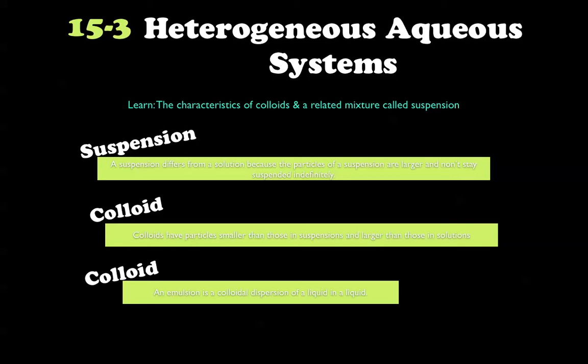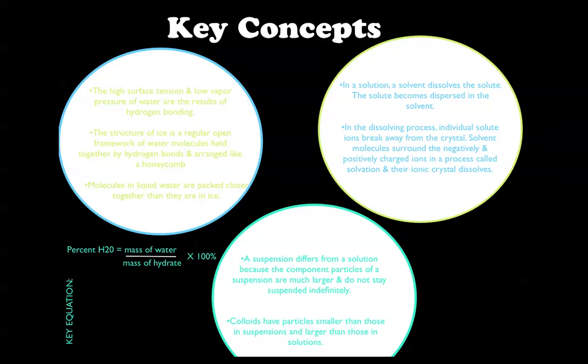And then a colloid has particles smaller than those in a suspension and larger than those in solutions. So that's kind of like opposite. You've got to be smaller than the suspensions but larger than the solutions. And then the last one, an emulsion, is a colloidal dispersion of a liquid into a liquid. So that's what an emulsion is.